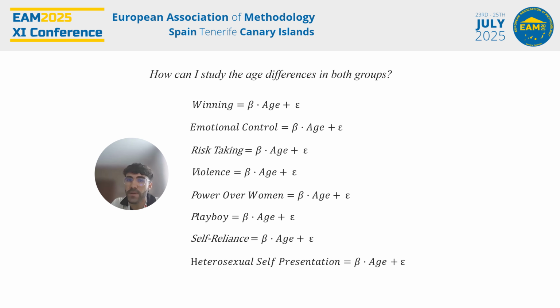The key idea here is to predict latent scores, which can be done either through structural equation modeling or by extracting factor scores from the measurement model. The beta coefficient directly represents group differences. This coefficient indicates not only the direction of the difference, but also its magnitude in standard deviation units.